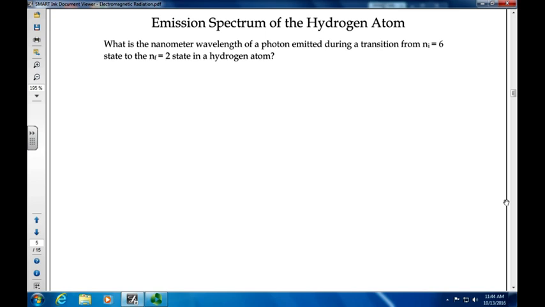There's only one equation that we need to worry about, especially at this stage, whenever they're asking about anything involving a wavelength and a hydrogen atom. Hydrogen atom specifically because at this stage we're only given our Rydberg constant for hydrogen.